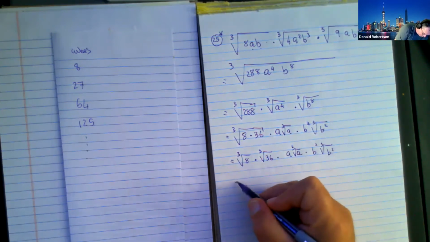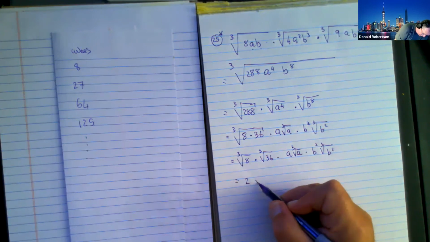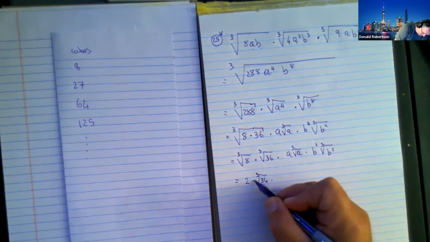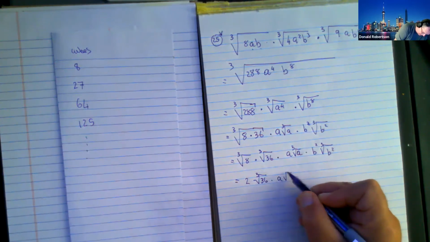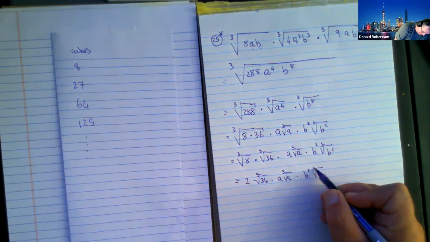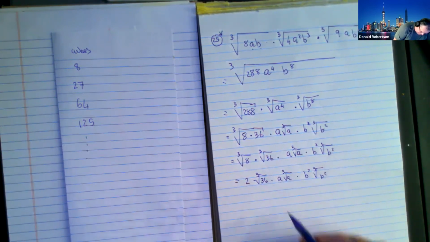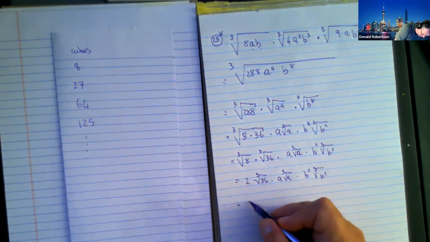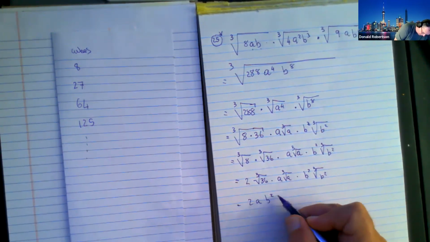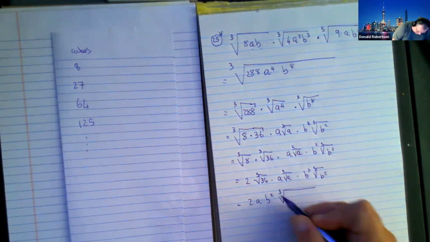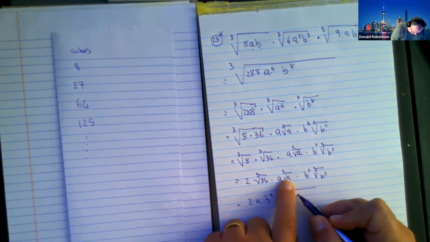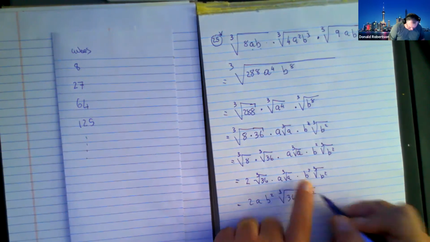And the cube root of 8 is 2. So we have a 2, we have an a, and we have a b squared. And then everything else gets put into a single cube root: 36 a b squared. We're finished.